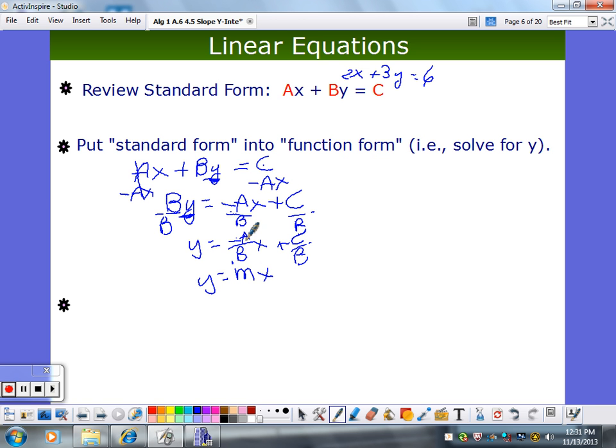And here's my x. And then this c over b, it's just taking the place of a number divided by a number. I'm just going to call it lowercase b. So m is this negative a over b. And the small case b is the c over b. And then I get this thing called y equals mx plus b.